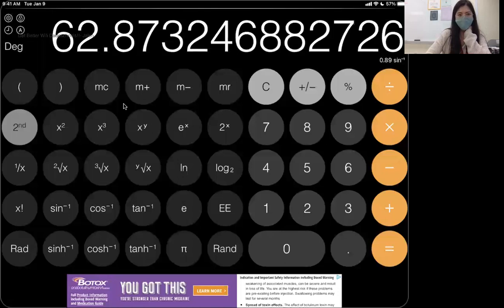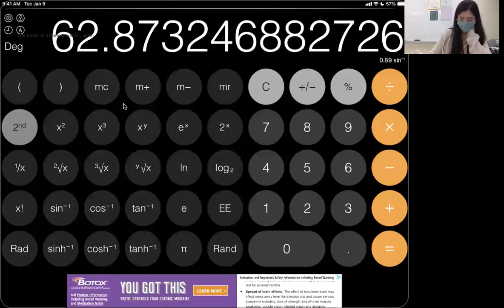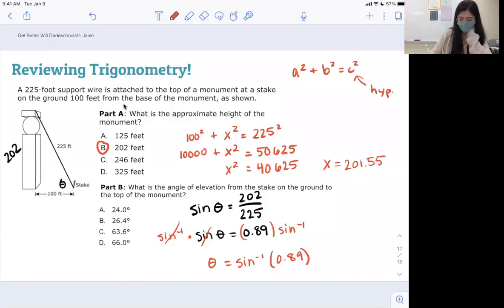Inverse sine. So is it B or C? I mean, C. Sorry. So theta is approximately 63 degrees, which makes it C.